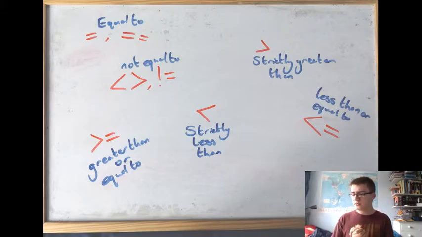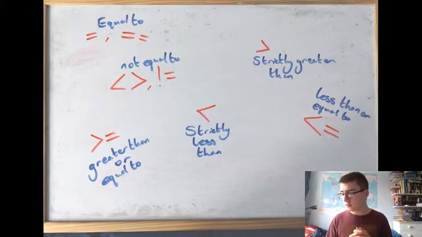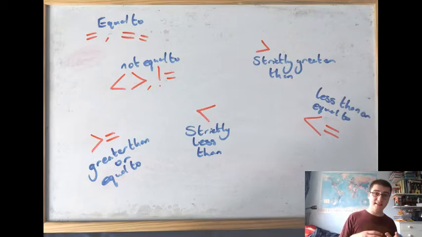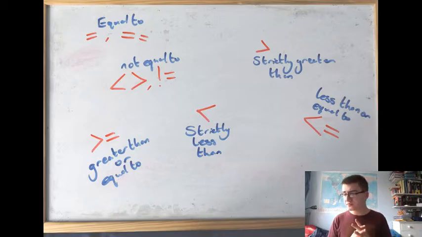So a computer can assess if two inputs are equal, using the equal sign, or in some programming languages a double equal sign. It can say if one is strictly greater than the other one, which is the usual greater than symbol. It can also say if it's strictly less than, using the less than symbol.